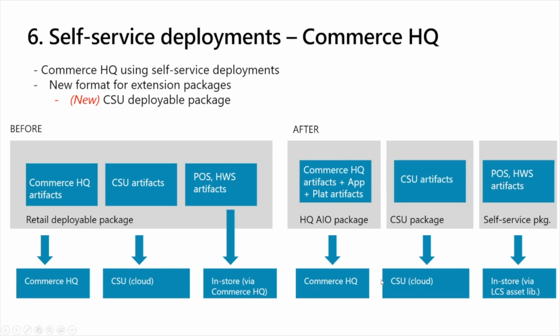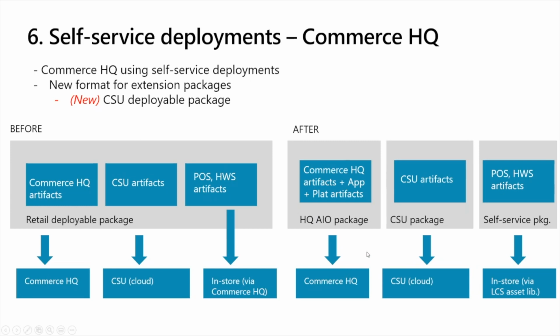The first big advantage is that the deployment times when you're deploying Commerce HQ packages are going to be substantially lower, because your Commerce HQ artifacts are no longer going to include a very large payload of self-service packages.